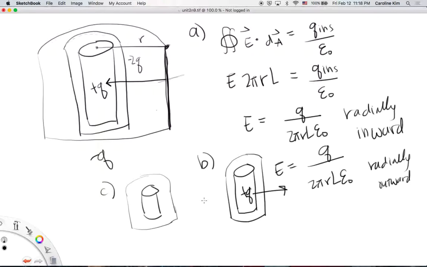And basically because this is a conductor, the electric field within any conducting material is going to be 0.